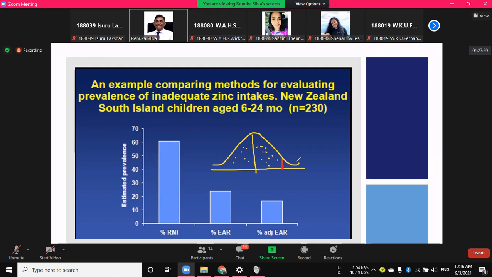Now here, in this graph, 97.5% of the population should reach the RDA.